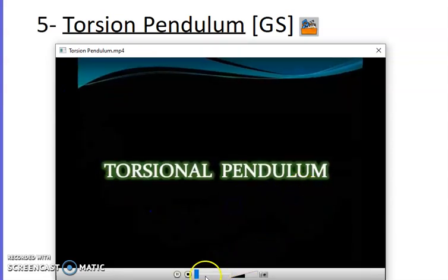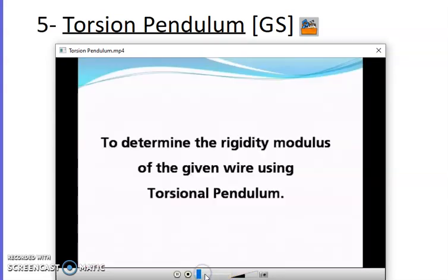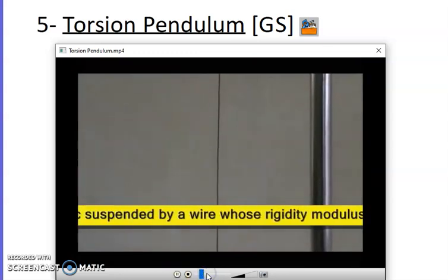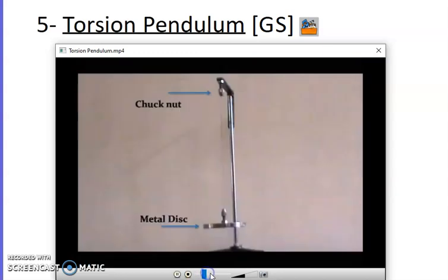So the torsion pendulum in reality consists of a vertical torsion wire, as you see, and a body. Here is a metal disc suspended from the lower end.